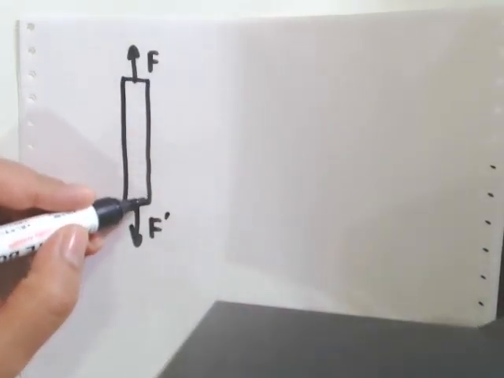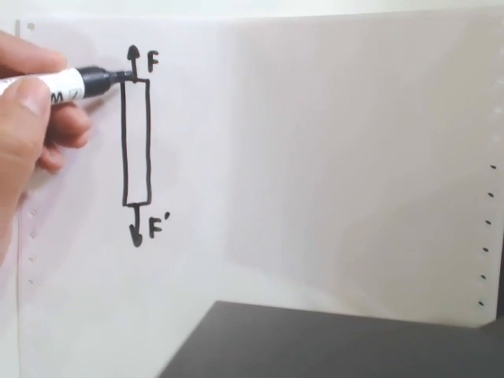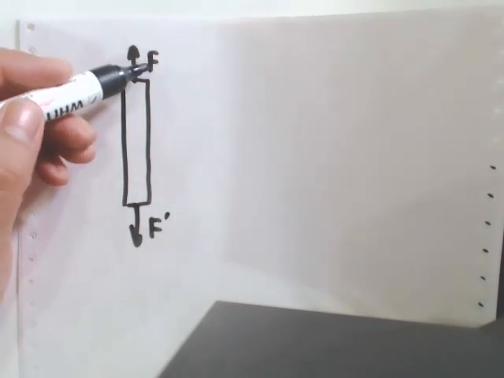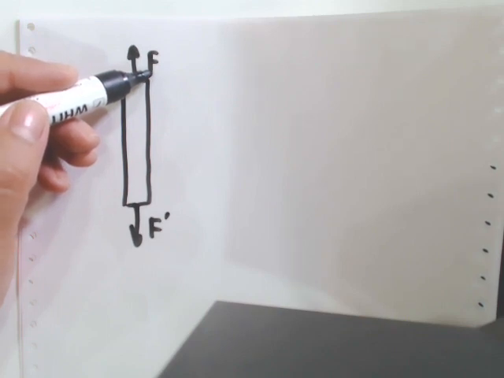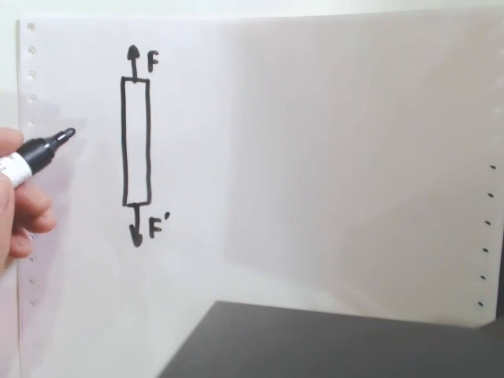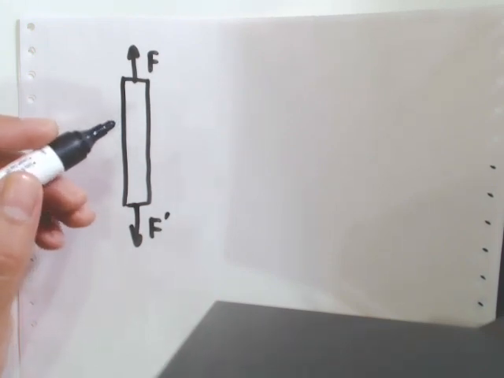Consider a bar which is subjected to axial loading and it is in the tensile form. The two forces which are equal and opposite are F and F dash, and they create tension within the element.